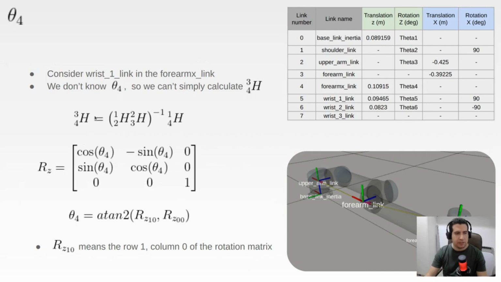It is the relationship between the frame 4 and the transformation matrix between frame 4 to frame 3. But since we don't have this direct transformation, we can go from wrist 1 link to the upper arm link, then to forearm link, and then to forearm link X, using this transformation relationship.